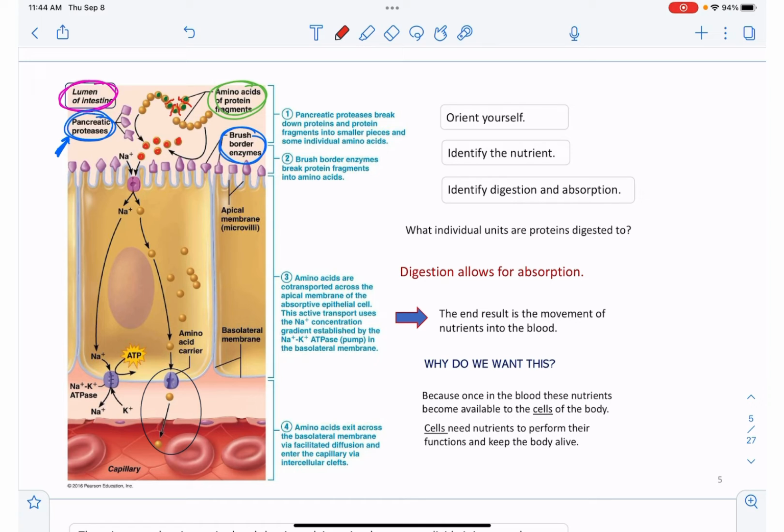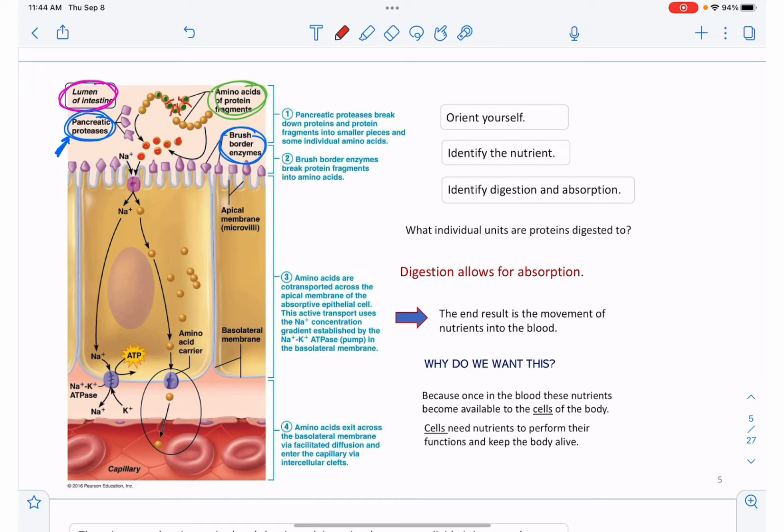So I just showed you digestion of the protein, digesting it into individual amino acids, and now we need to absorb it. Now we need to move it into the blood. This is kind of a complicated process. We don't need to get into the details right now.